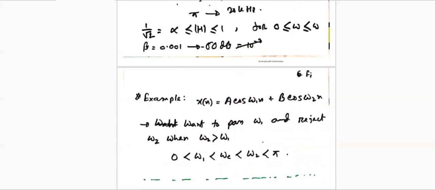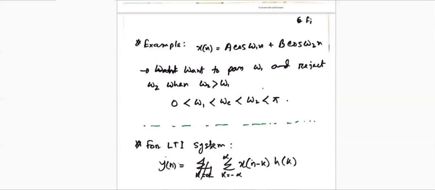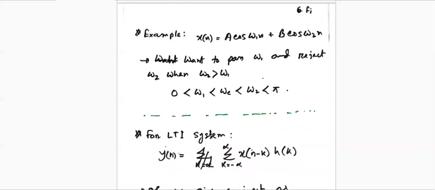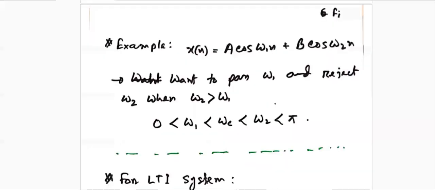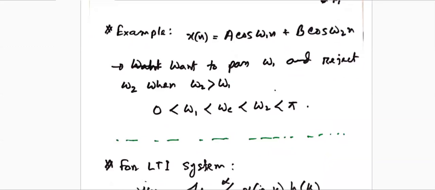Now with a practical example, we can start. Let's say x[n] is given like this: x[n] = a cos(omega 1 n) + b cos(omega 2 n).